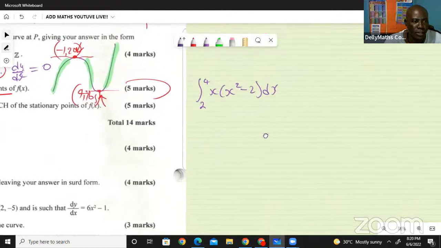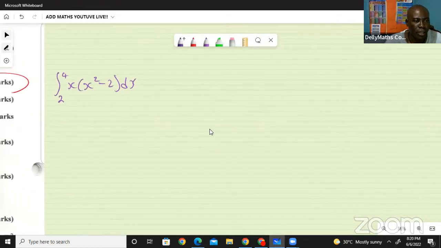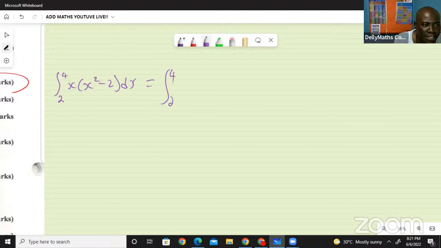I'm going to distribute the x inside, so I have x to the third minus 2x dx. That is what I'm going to integrate. Let us just go ahead and do it.